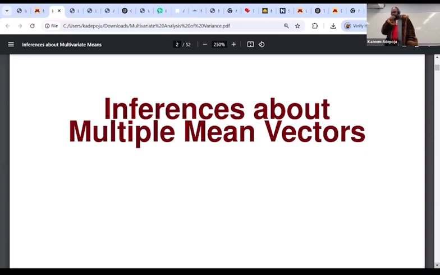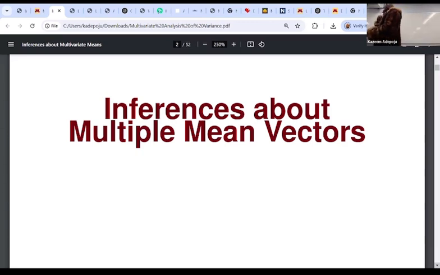The focus today will be on inferences about multiple mean vectors. Before now, I walked you through inferences about a single mean vector. A single mean vector implies that we are referring to a single setting, a single setting with multiple variables involved.